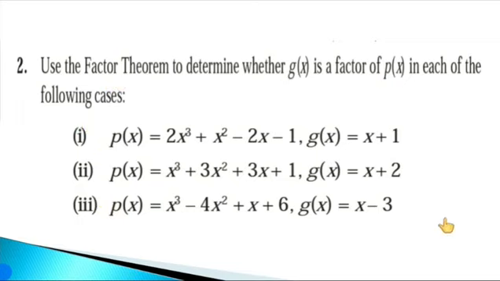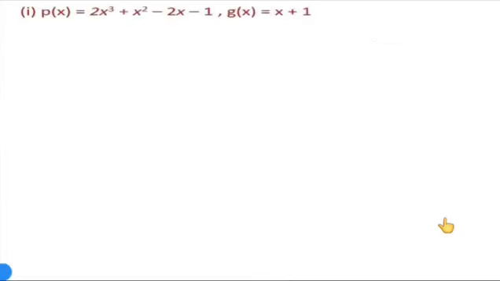So first see the solution for sub question 1. Sub question 1 says p of x equals 2 into x to the power of 3 plus x square minus 2x minus 1, where g of x equals x plus 1. So now we are going to find whether g of x is a factor of p of x or not. So write down the solution.